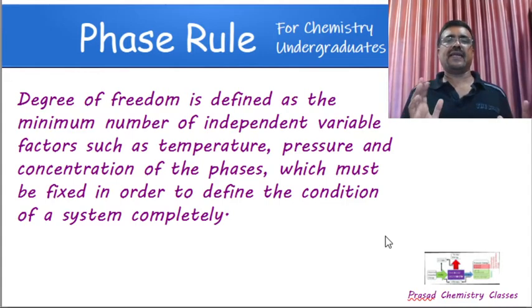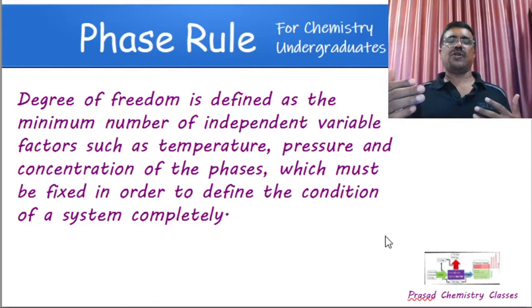We want to know the temperature, pressure, and of course the composition of each phase. So we require a number of concentration terms. If different components are present, we want to know the concentration of these components. And all such variables taken together is what we call degree of freedom. Okay.